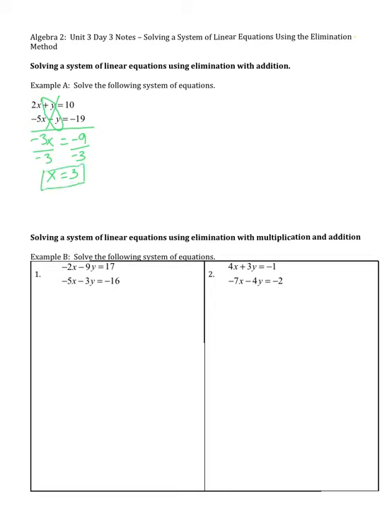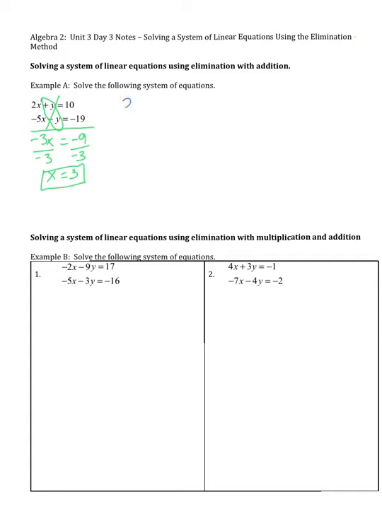All right. Now, we're going to take the x value and put it in to find the y value. It doesn't matter which equation you use. You're going to get the right answer with both of them. I'm going to choose the top equation. I'm going to substitute.